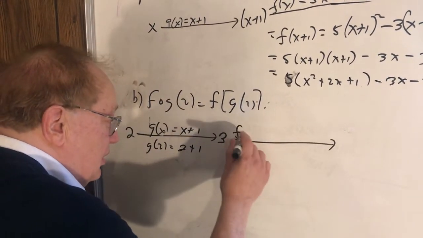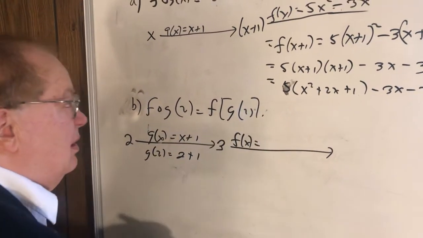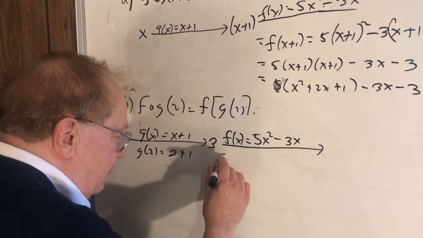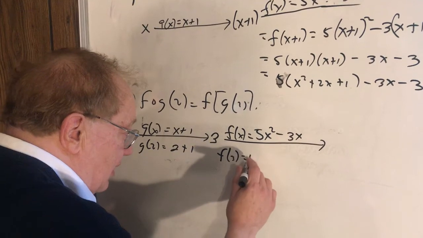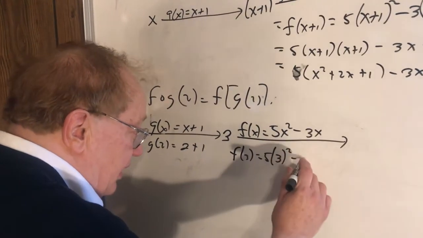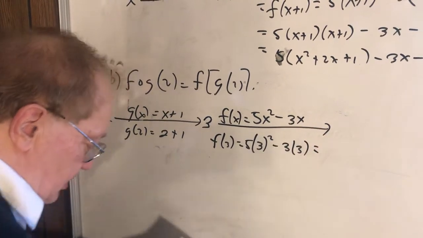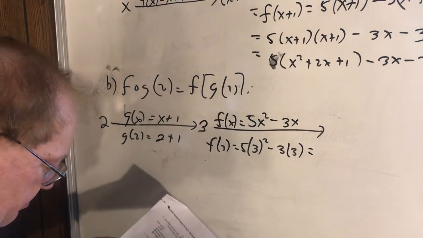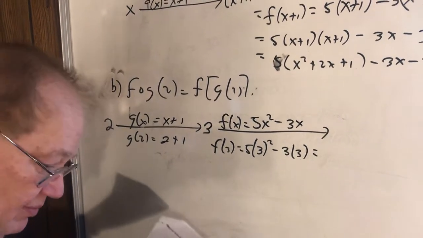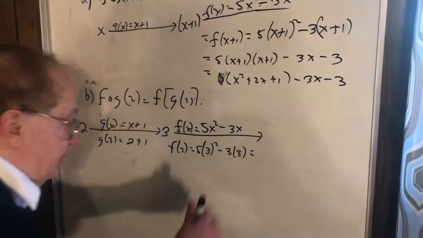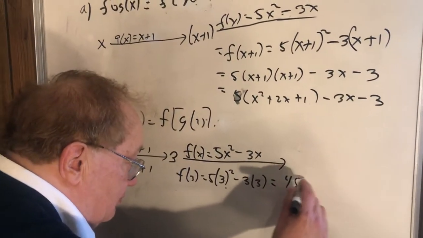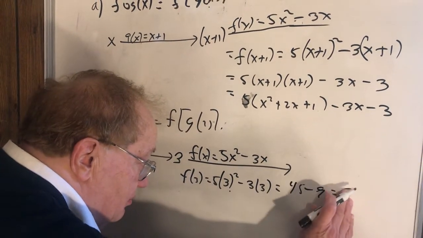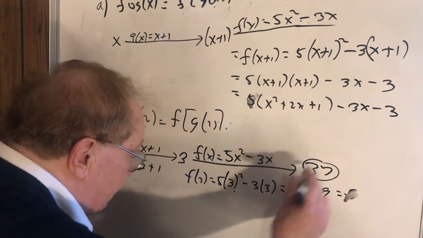Now I put that through the f of x machine, 5x squared minus 3x, putting 3 where the x is. 5 times 3 squared minus 3 times 3. And the answer comes out to, let's see, 5 times 9 is 45, minus 9. What did I get here? My answers are over there. 45 minus 9, that will be 36.